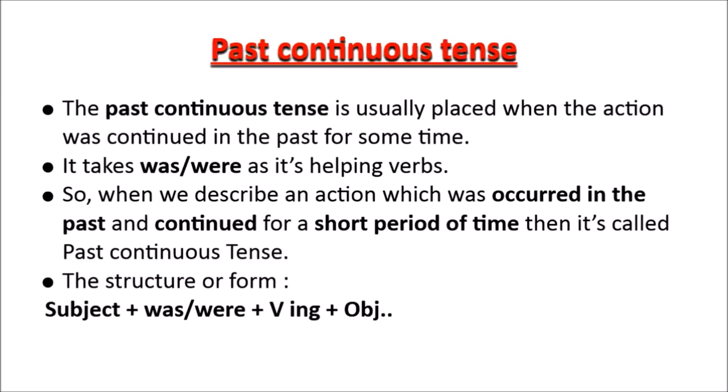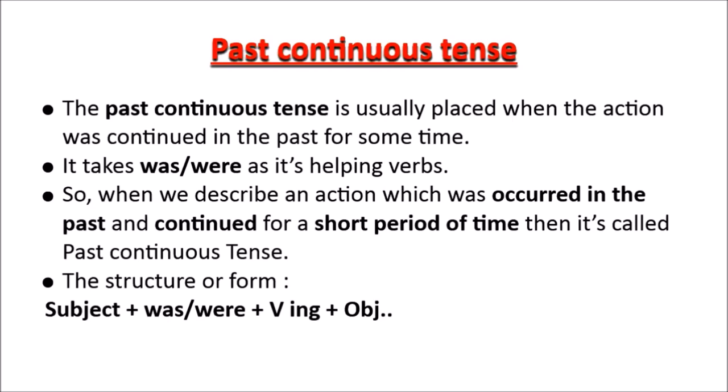If the action happened for a period of time in the past. It may be a continuous action in the past, but for a certain period of time. So in that case, we'll use what tense? Past continuous tense. Clear?